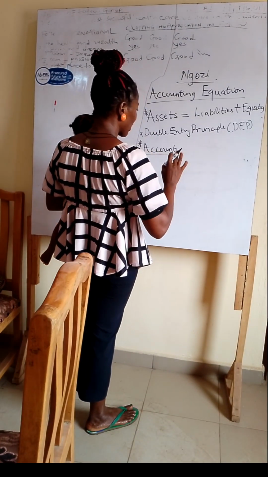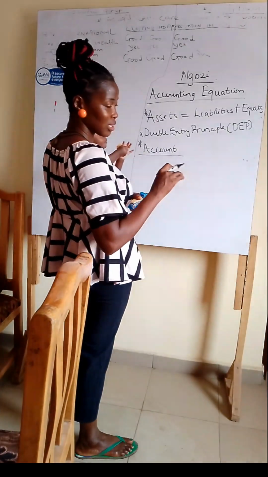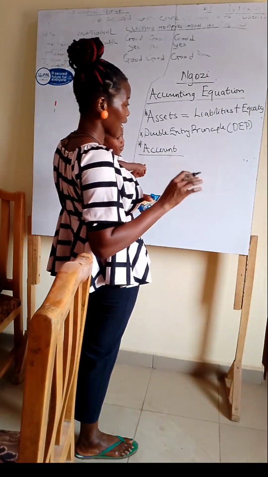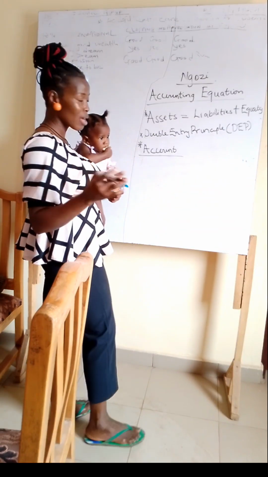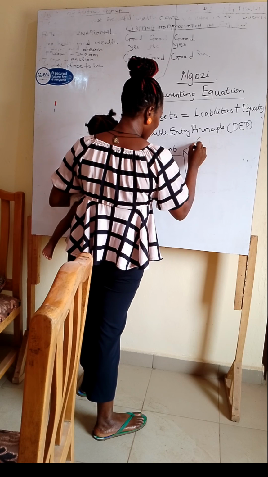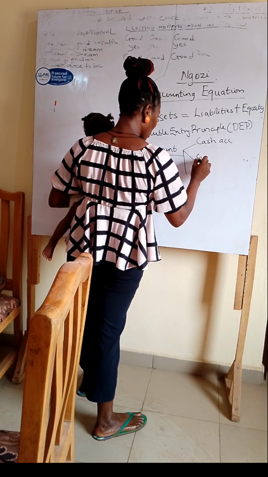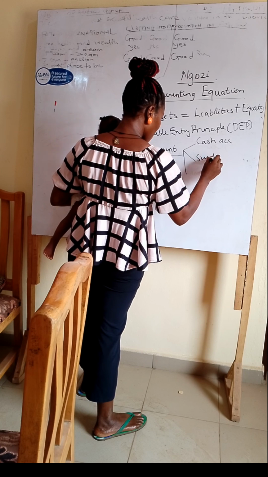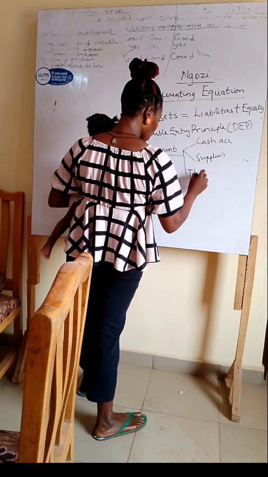Now there are different kinds of transactions, different kinds of accounts. There is the purchase account, you have the supplier account, you have the debtors account, you have the cash account. There are a whole lot of accounts. Okay? So let's just write some of them. You have your cash account, you have your supplier's account, which is also known as your credit account. You have your trade debtors account.